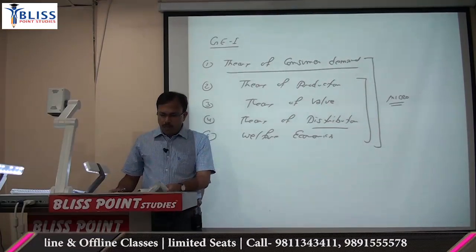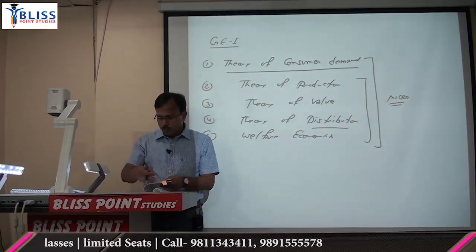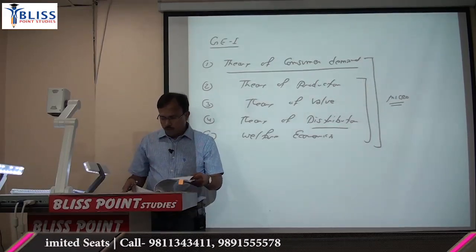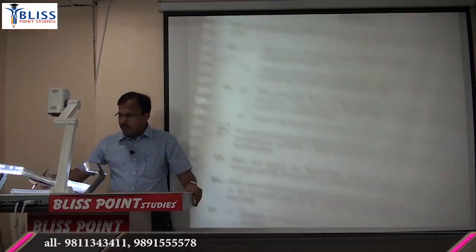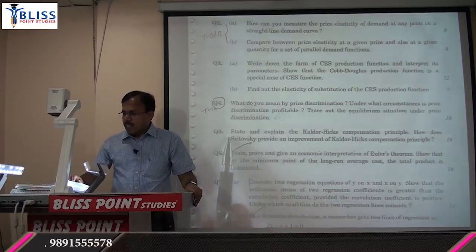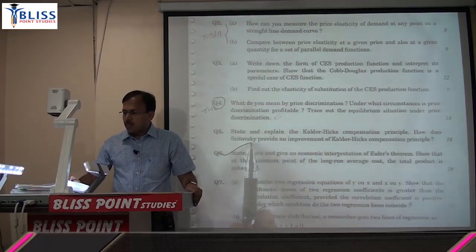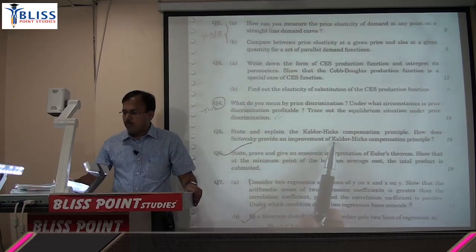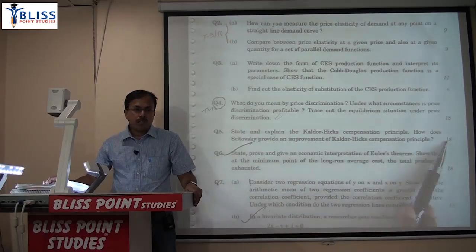Like for example, in 2017 from welfare section, this was the question. State and explain the Kaldor's compensation principle. How does RTC provide an improvement of Kaldor's compensation principle? ठीक है, of 18 marks.